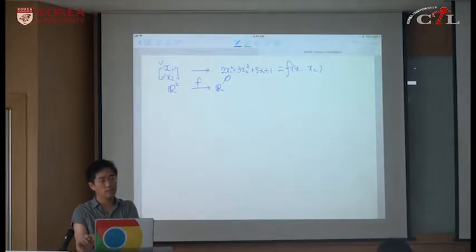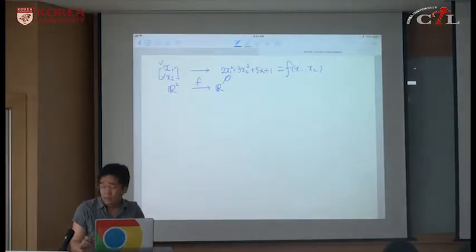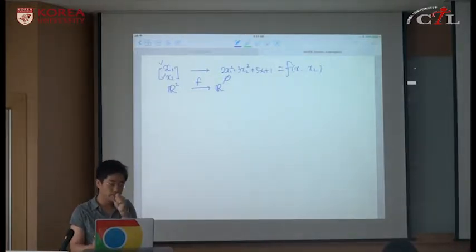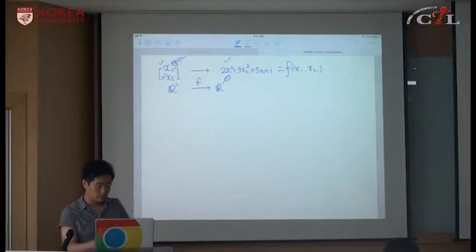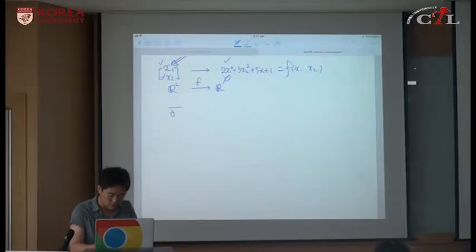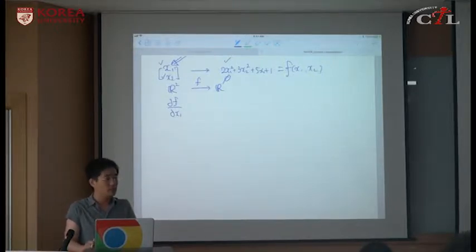And our derivative, by differentiating with respect to some variable, is done by considering only one variable at a time. That way we get something called the partial derivative.